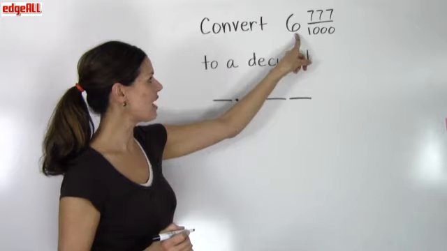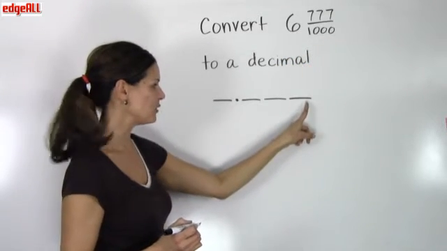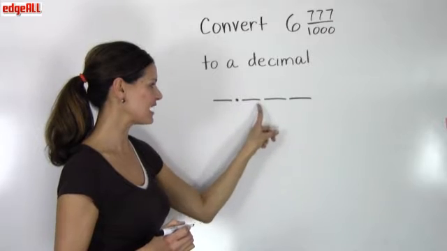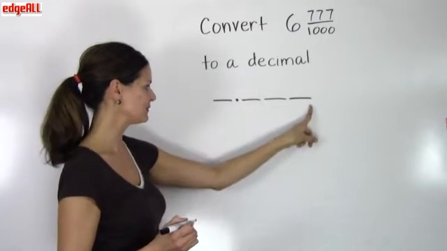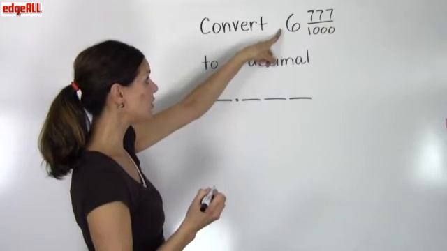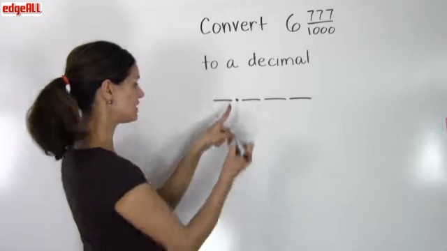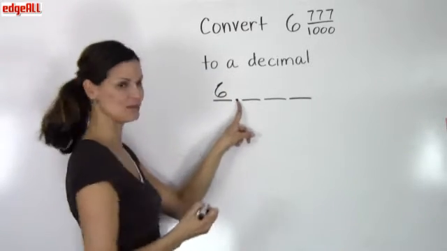And so in our problem, since we've got thousandths as our denominator, we know that we are going to go 3 positions to the right of our decimal point for our decimal. So what we want to do here is keep our whole number, 6, to the left of our decimal point, and then we've got the decimal.